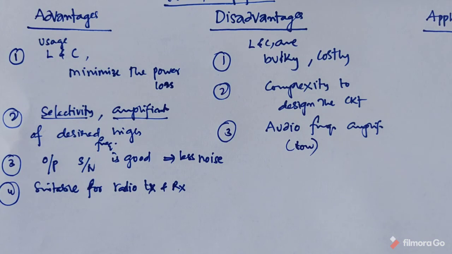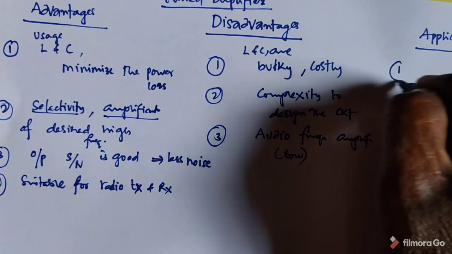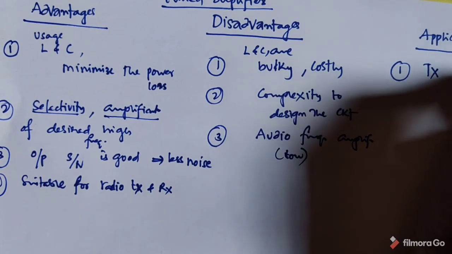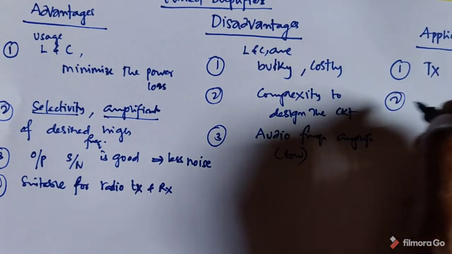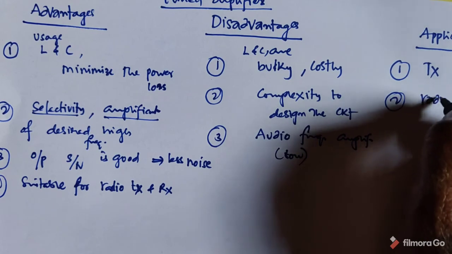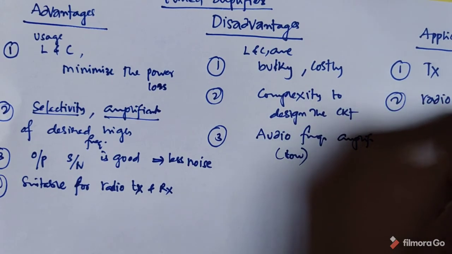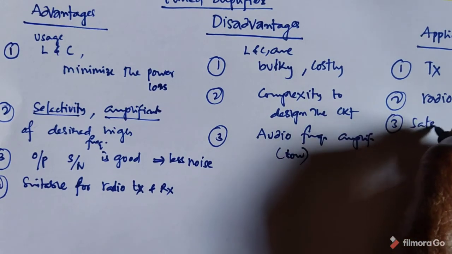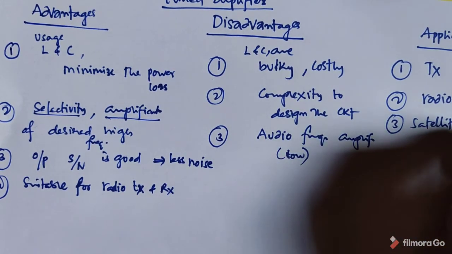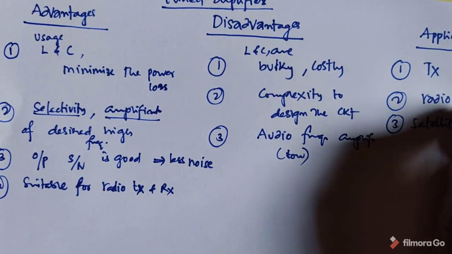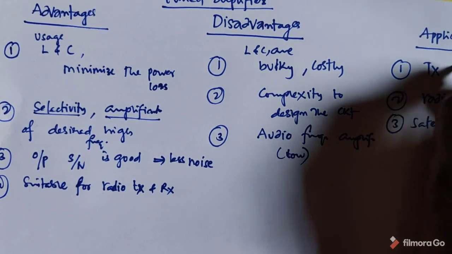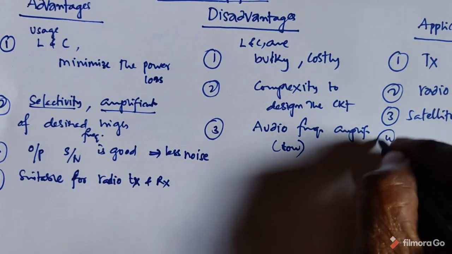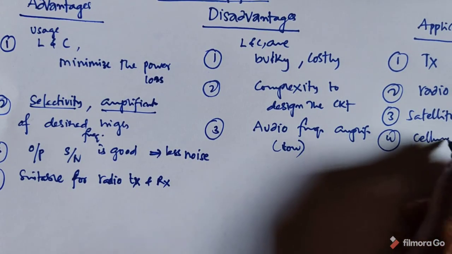Next one is applications. Applications are widely used for TV transmitter and receiver purposes, and radio transmitter and receiver purposes, and satellite transmitter and receiver purposes, and cellular and mobile communication purposes.